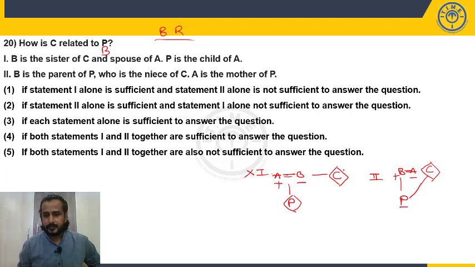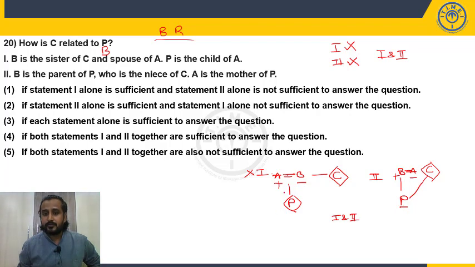Right. If I am trying to combine these two, see, in data sufficiency, first I need to check 1 independently, 2 independently. 1 independently I am not getting, 2 independently I am not getting. I have the scope to combine 1 and 2. Okay. So when I am combining 1 and 2, can I get the gender of C? No, in these two cases A and B are a couple, plus or minus P's gender.